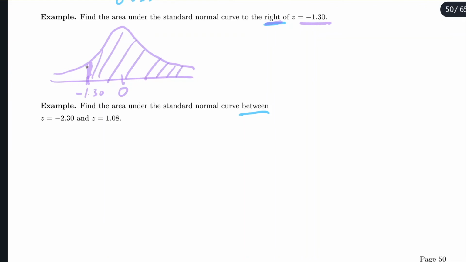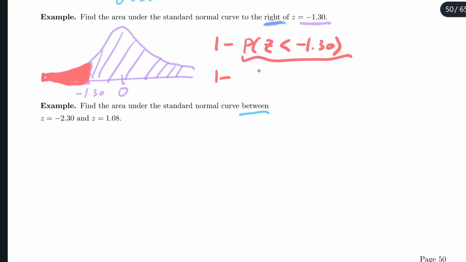That means we need to actually find this area first from the z table, because the z table only gives us values less than. So we're doing 1 minus the probability of z less than negative 1.30. And from the z table, this value is 0.0968.